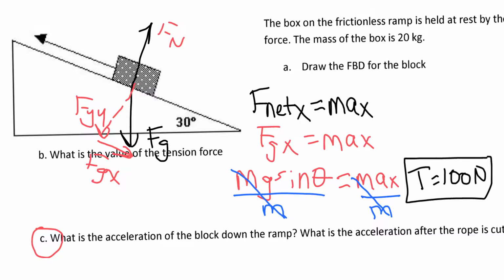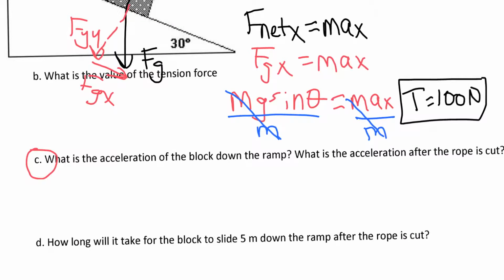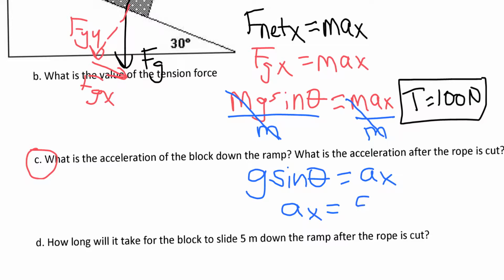So I'm left with g sine theta equals acceleration in the x. So mass doesn't even matter. Test yourself and do the math. But I know this one is going to be 5 meters per second squared.